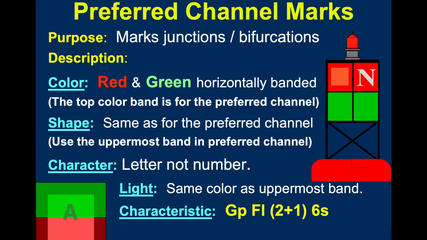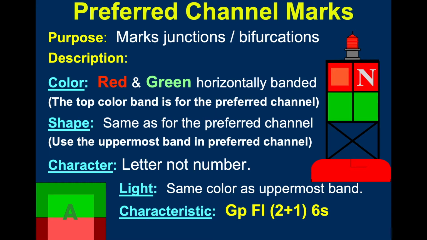These always flash, if they're lit, with the same characteristic, group flashing 2+1 every 6 seconds. So every 6 seconds, in the case of this buoy right here, you're going to see 2 flashes of red, a pause, 1 flash of red, and then a 6-second pause.